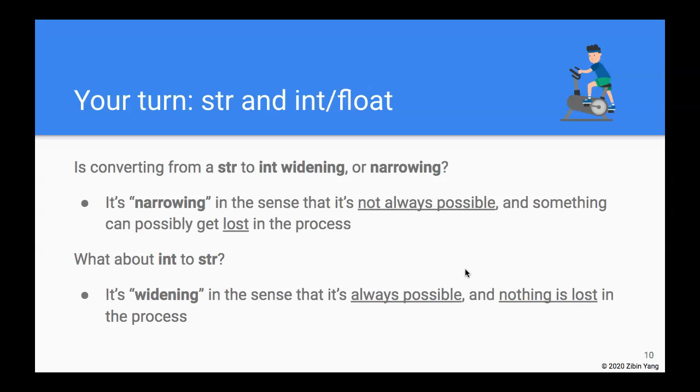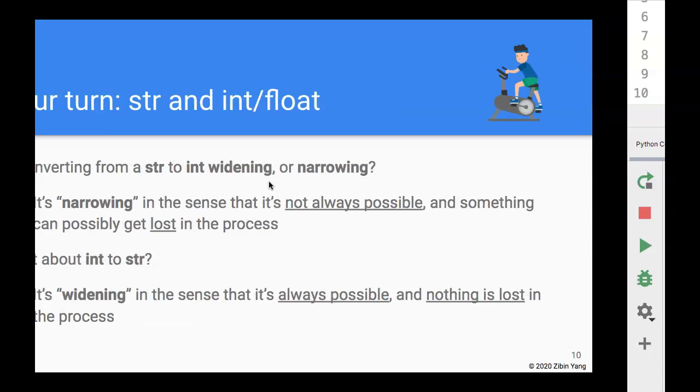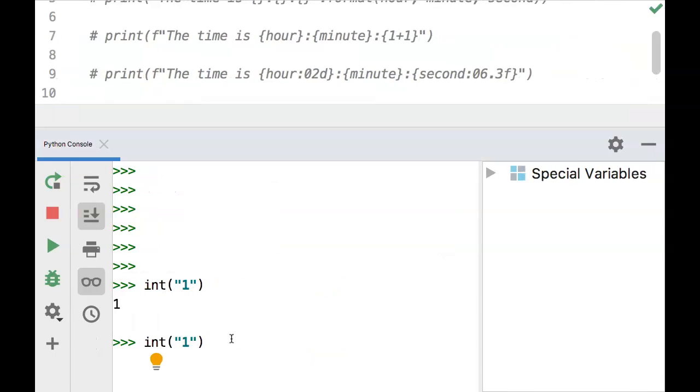Going from a string to an integer is actually narrowing, in the sense that the information contained in a string is not necessarily always preserved in an int when we do the conversion. For example, if the string is just a string literal of 1, then obviously the information in the string, which is 1, is always preserved in the integer 1.